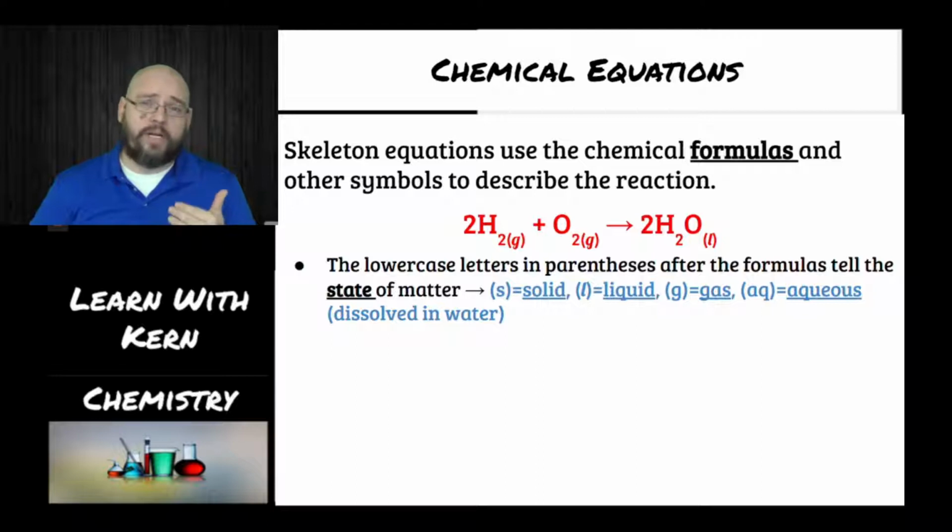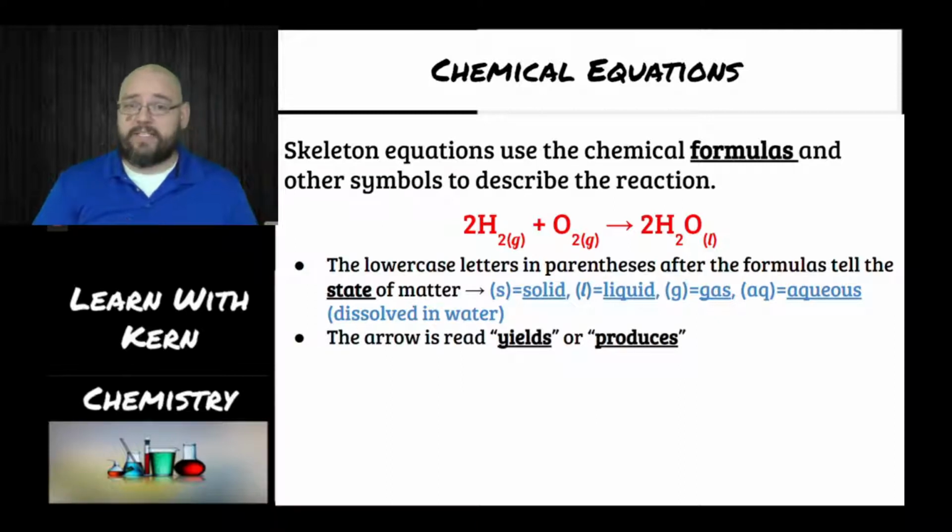You're not always going to have those, because you don't always know the state of matter in the reaction when you're given it. If you know the state of matter, then we add that in our skeleton equation. If we don't know, then we just leave that off. But that's what those little letters in parentheses mean: s, l, g, or aq for solid, liquid, gas, or aqueous.